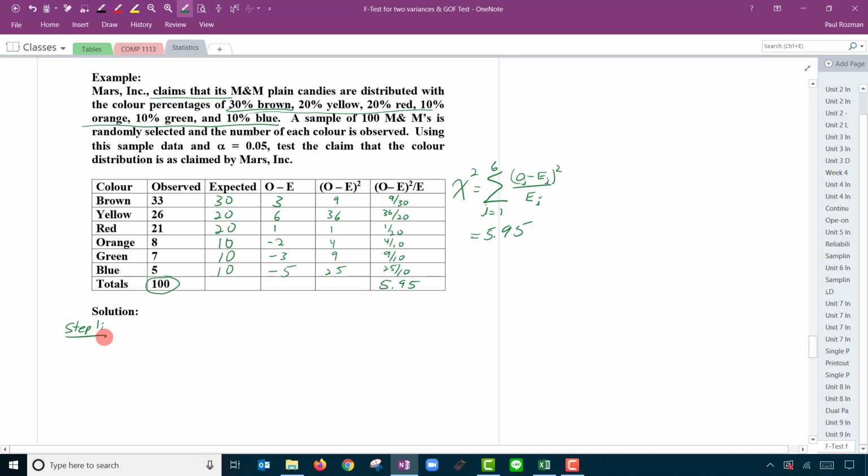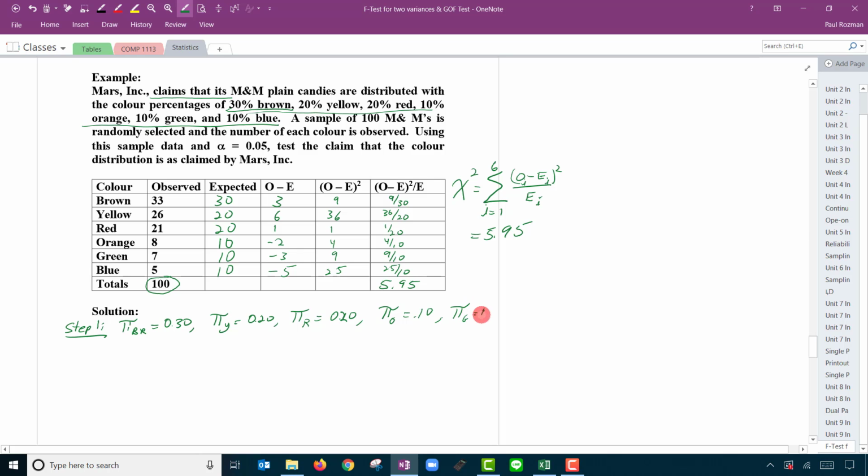Step 1 is that they claim the percentage of brown is 30%, and the percentage of yellow is 20%, and the percentage of red is 10%, and the percentage of orange is 10%, and the percentage of, I might have got the red wrong. I think red was 20%.